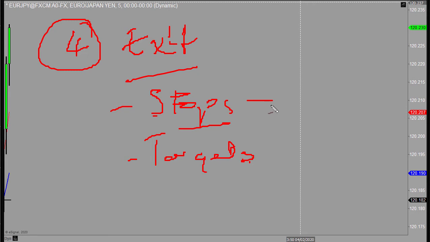I have done it with set numbers of pips at times. It works okay, but when you're looking at the market and you're looking at previous highs and lows, it may be that you don't need such a big stop. Other times you may need a bigger stop. So consider what it's going to be, but it's got to be something that's clear that you can repeat, and again teach someone that's never traded that much.